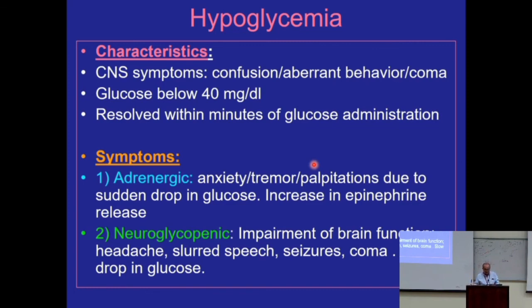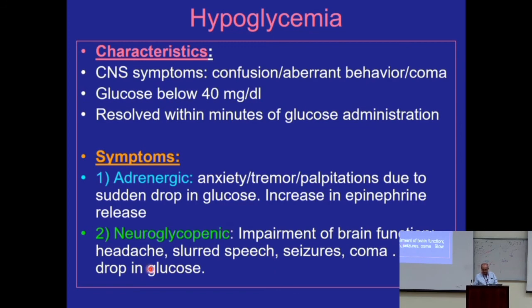But if it doesn't, it becomes even worse. So you're going to get confusion, aberrant behavior, could even lead to coma. So there are really two types of symptoms that can result. The first one is the more common one, where the brain is trying to respond by increasing, say, glucagon and epinephrine.